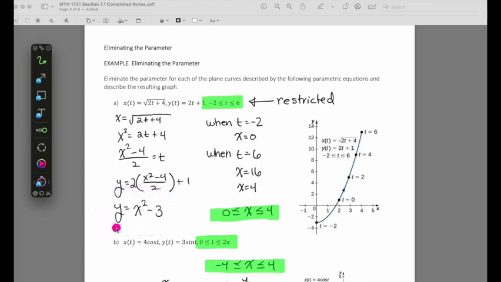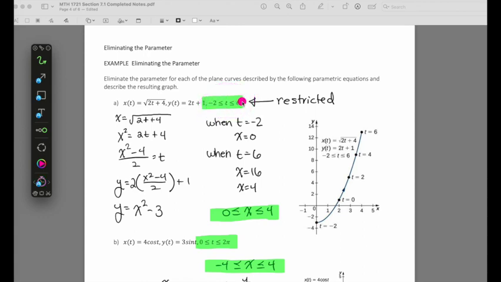Now, here's something we have to be careful of. When we look at this, we see that it's a quadratic. And when we think quadratics, we think polynomial, so that its domain is all real numbers. However, when you're dealing with parametric curves and you have a t that's restricted, you have to keep that in mind.